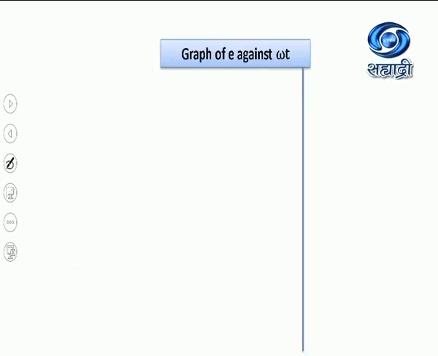If we graphically show the variation of EMF with respect to omega t, what is omega t? Phase. So we are taking EMF on the y-axis, of course instantaneous EMF, and on the x-axis we are taking omega t. The value of EMF is 0 to begin with, when the coil is about to start its rotation, that time phase omega t is equal to 0, and no EMF is generated.